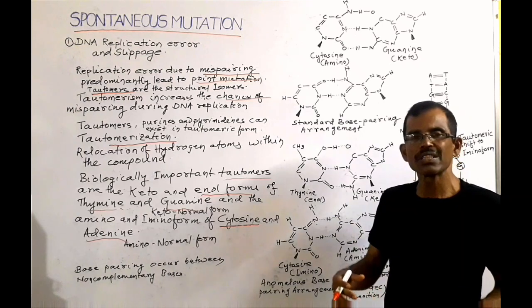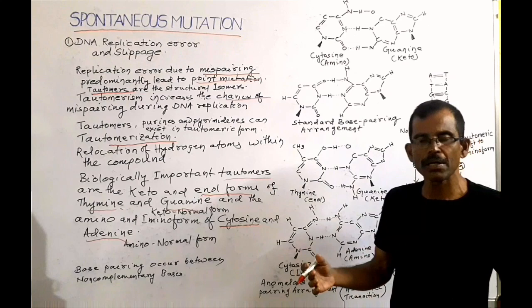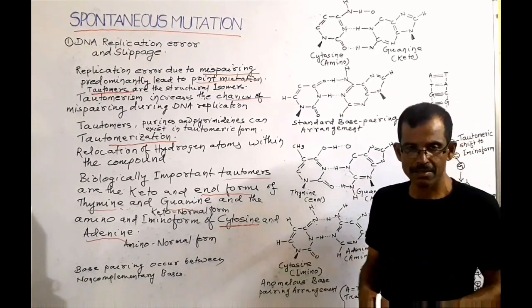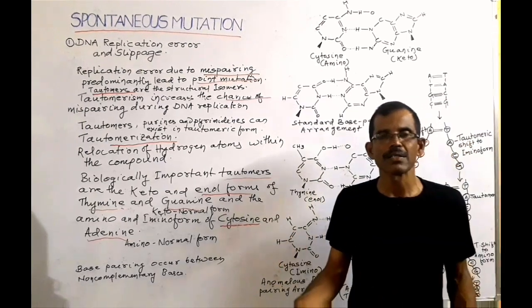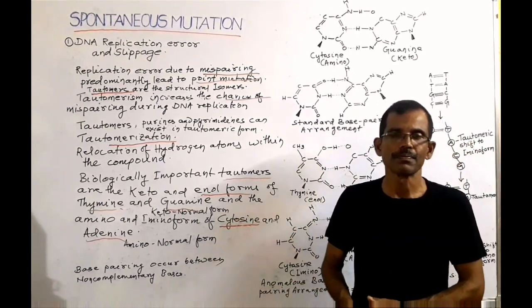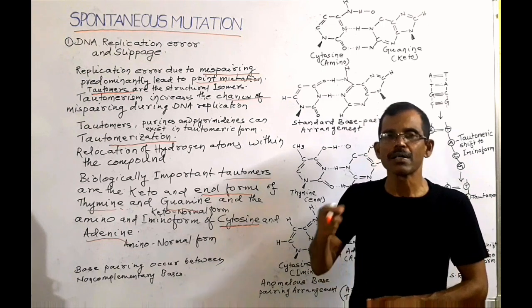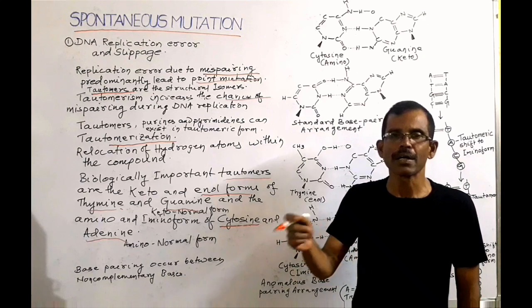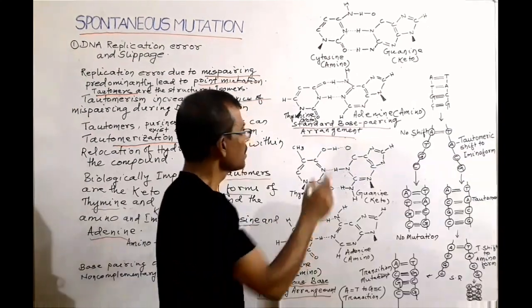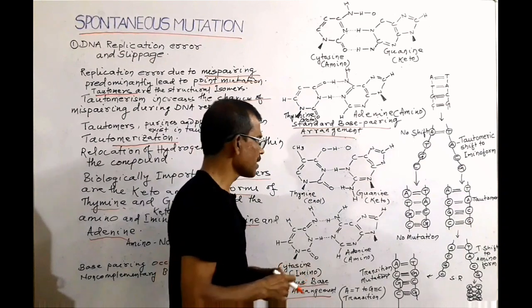So due to this tautomerism, base pairing occurs between non-complementary bases, and the base pairing between non-complementary bases leads to mutation. Now we shall see how tautomerism contributes to the mispairing between non-complementary bases. Friends, here you can see two types of base pairing arrangement.